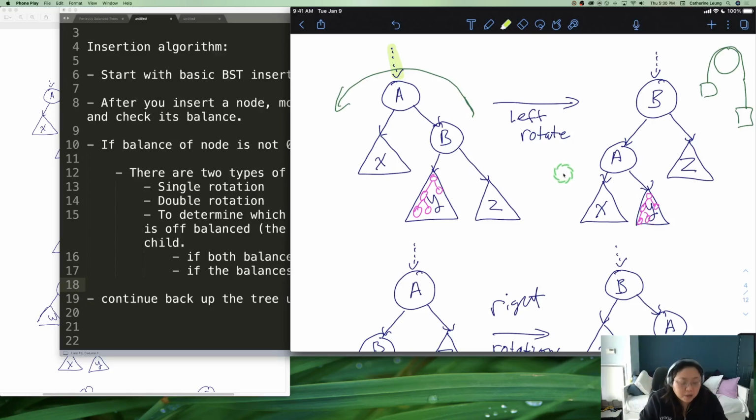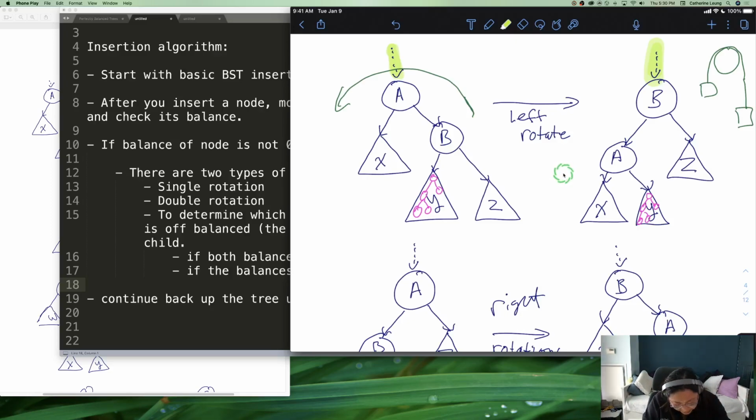Now, when we finish, that same pointer must be made to point to B instead of A. So obviously, this pointer has changed. It used to point to A, now it points to B. Now, what else has actually changed in this picture?